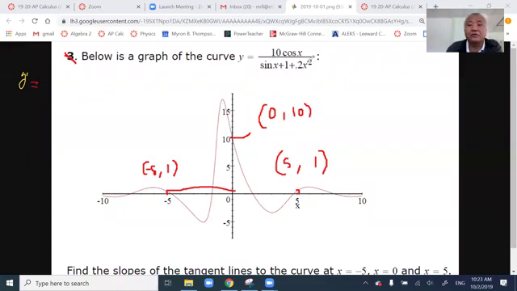This is we use the quotient rule, okay? The quotient rule says you take the derivative of the top first. So you get what? 10, and 10 is a constant, leave it there. And then the derivative of cosine will be negative sine x, right? And then times by the denominator. The denominator is this part.